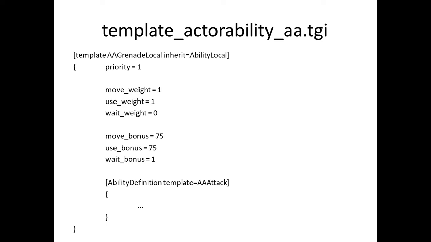Now, use bonus is also 75, so it is more incentivized to use the grenade as long as it is available. Weight bonus of 1 is basically irrelevant. This is why infantry behave as they do. This is why they rush to throw that grenade.